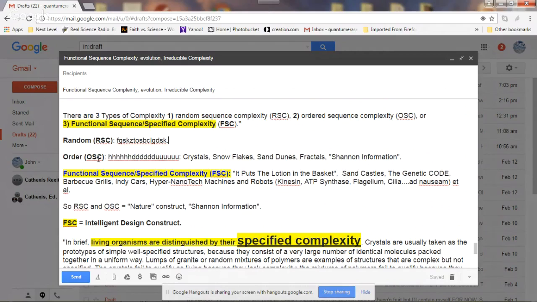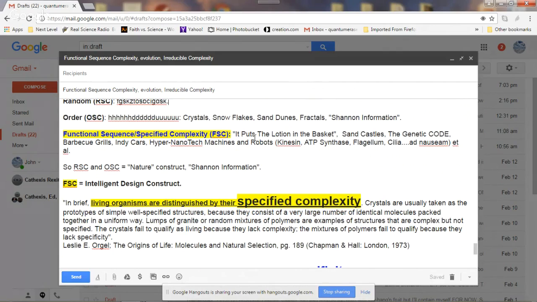Ordered, on the other hand, and you can see how ordered this is. This would be crystals, snowflakes, sand dunes, fractals, or Shannon information. This is a misnomer, by the way, because the information from Shannon has no meaning, and information without meaning is like water without hydrogen. But anyway, like I said, you've got random sequence complexity, ordered sequence complexity, and functional sequence specified complexity.